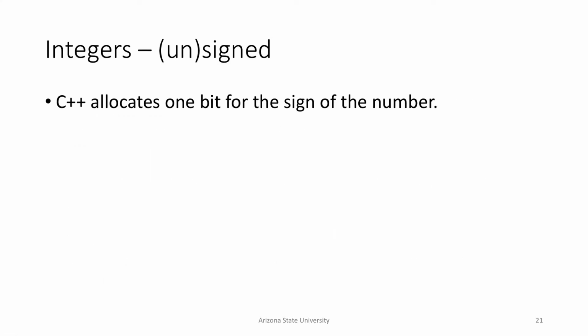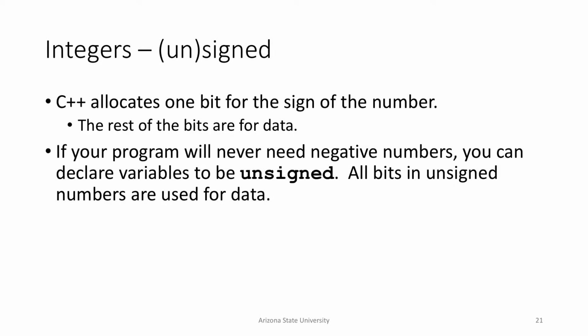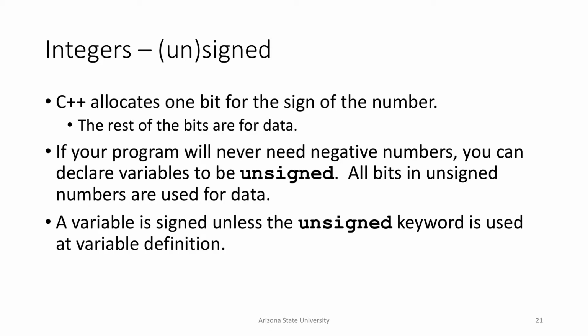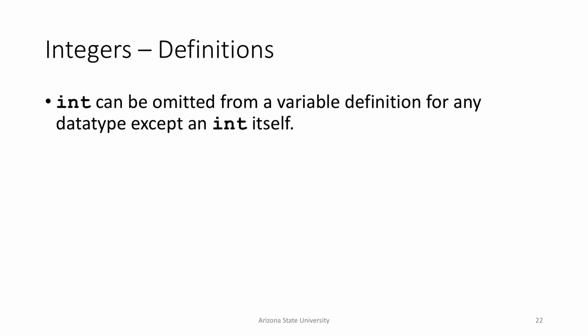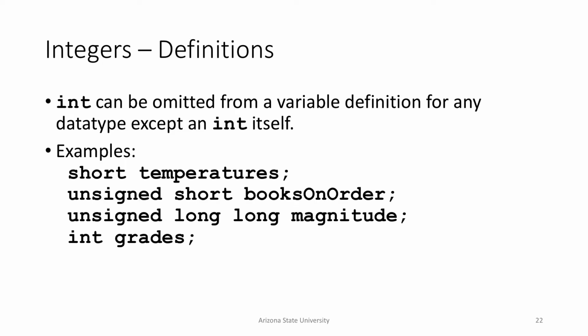All right, so as I said, there's one bit for the sign of the number, and the rest is for representing the number itself. If you never need negative numbers, always use unsigned. And it's signed by default. So if you don't say unsigned, it's a signed integer by default. And this is just a little way of shorthand writing.